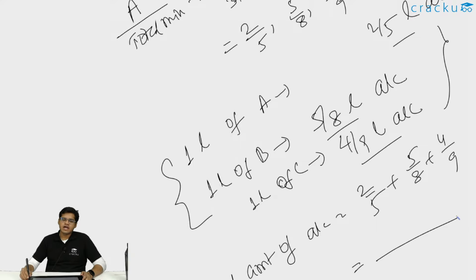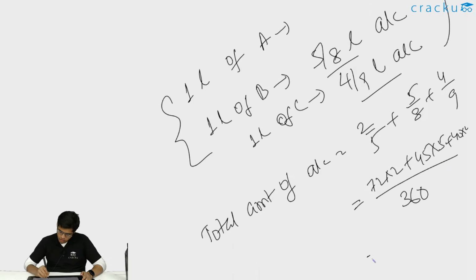For 5, 8, 9, the LCM is, I think, 360. So this is 72 into 2, this will be 45 into 5, this will be 40 into 4. So 72 into 2 is 144, 225, 160, divided by 360.